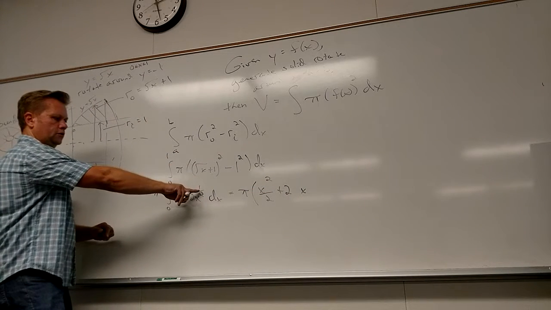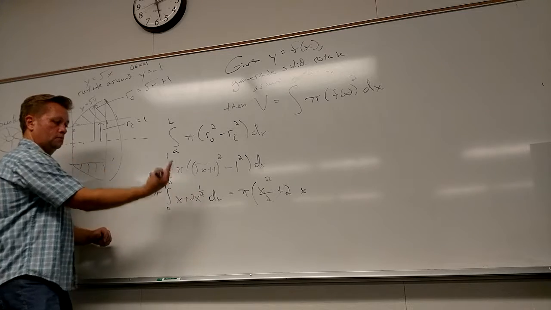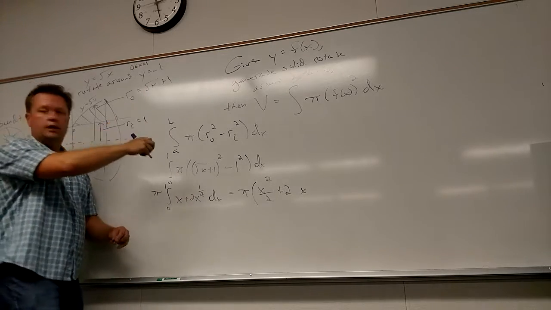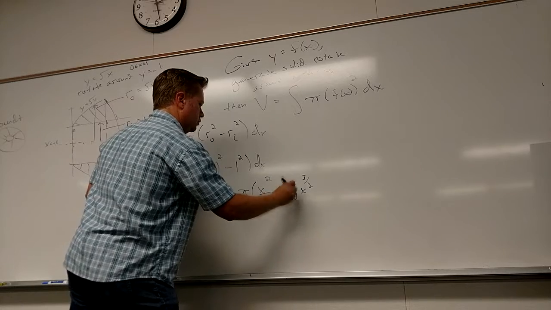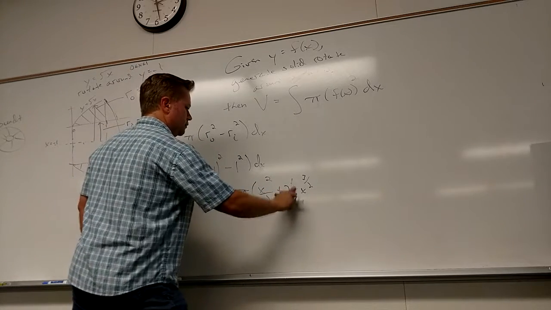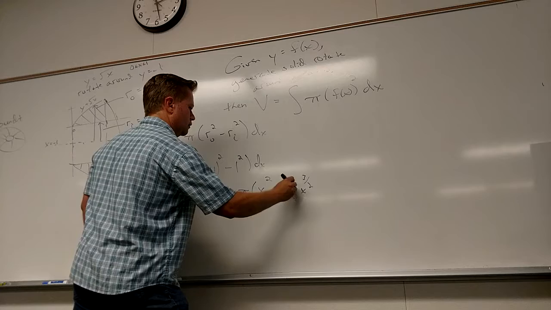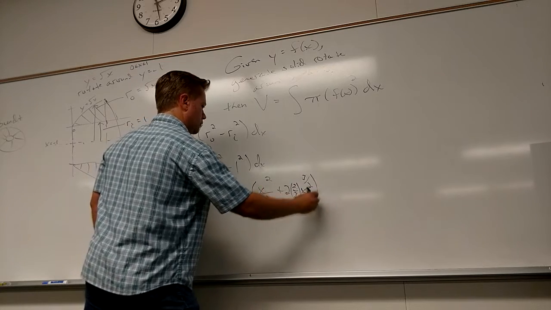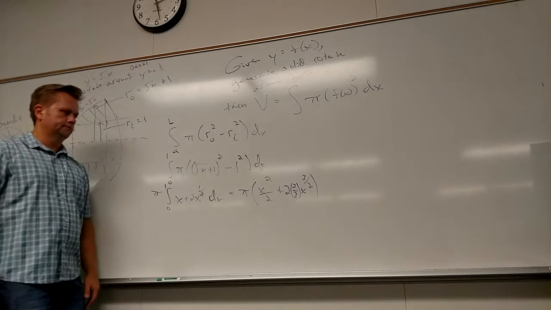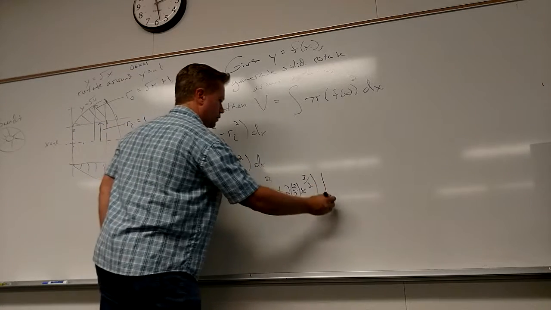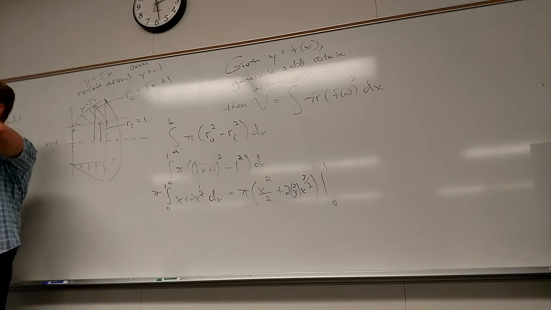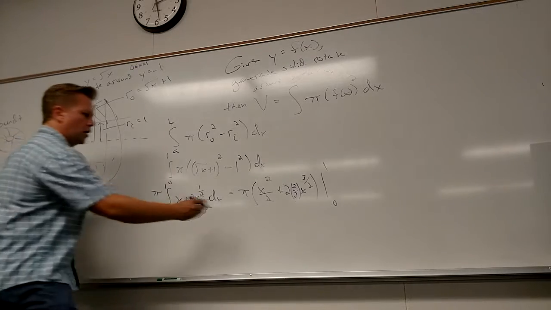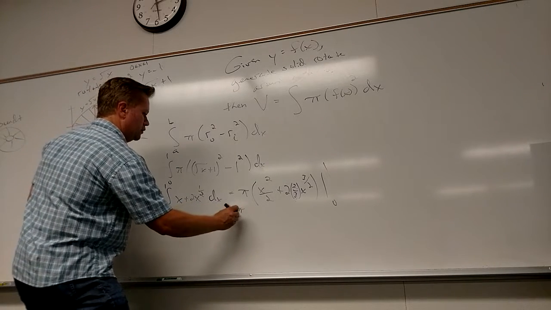This goes to 3/2, and then in front of it you put 2/3. I like it. And evaluate it between 0 and 1. So again, thankfully 0 zeroes everybody out. I can forget them. When I put a 1 in there, I get pi over 2.